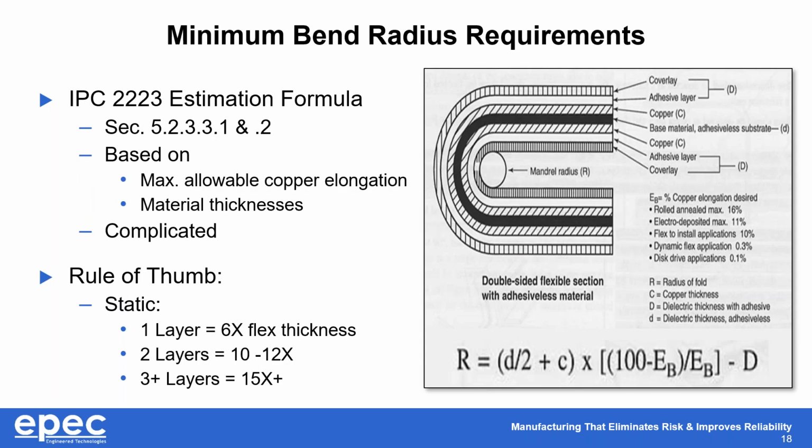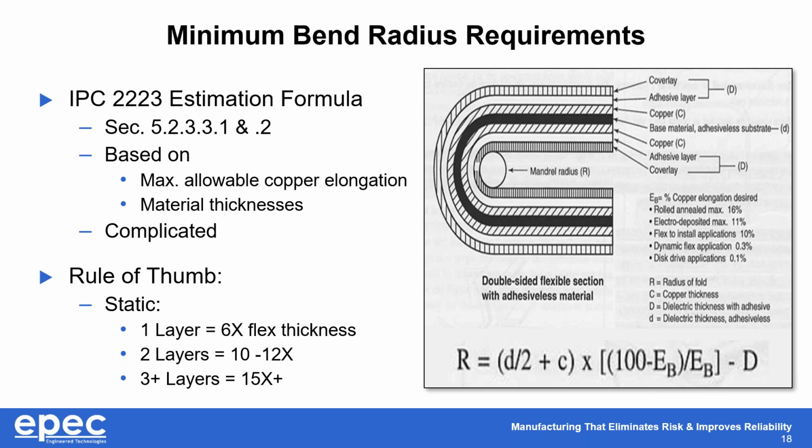So here's an example. This is the minimum bend radius requirement as defined by IPC's 2223 design standard, and they refer to it as an estimation formula. I've got the section listed there.